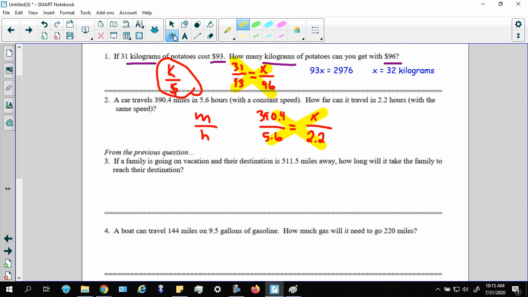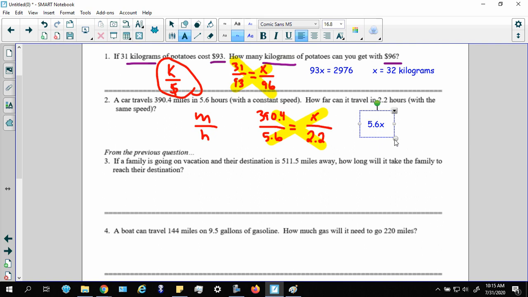Cross multiply, and so it's going to be 5.6x is equal to 858.88, divided by 5.6. And since we're dealing with decimals, we might as well keep it in the decimal family here. X is equal to 153.4 miles, rounded.